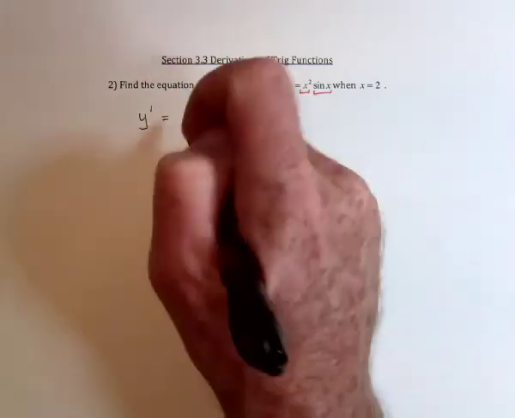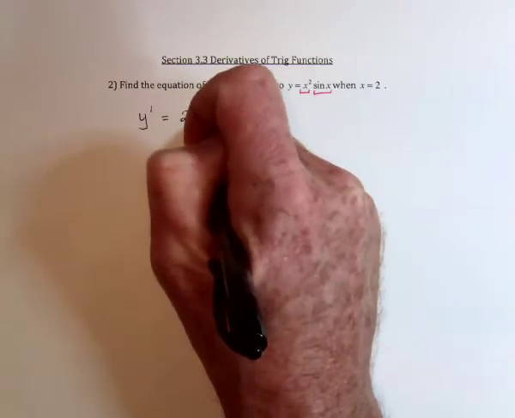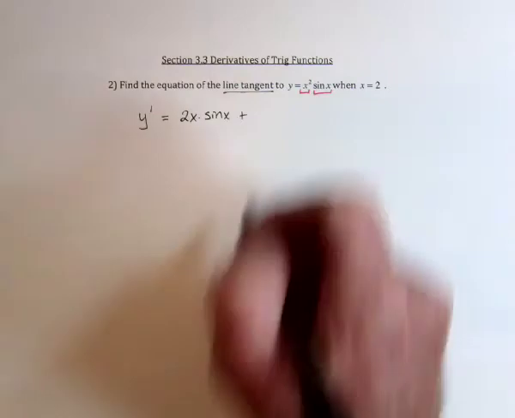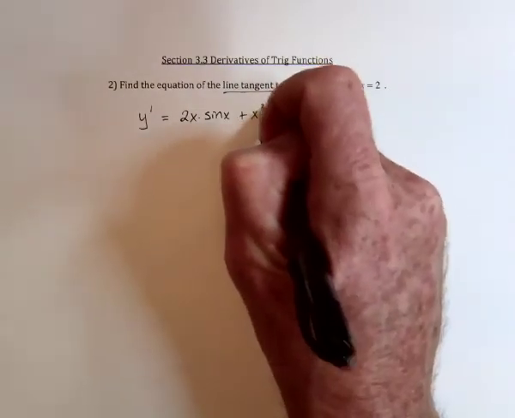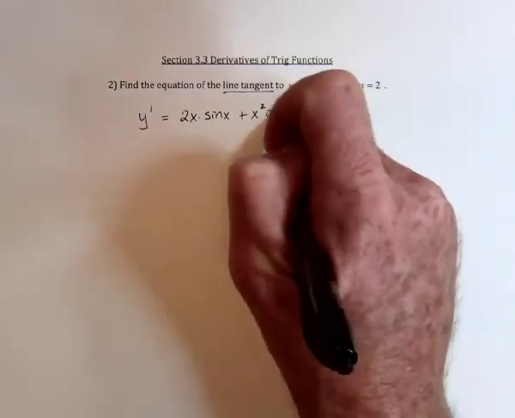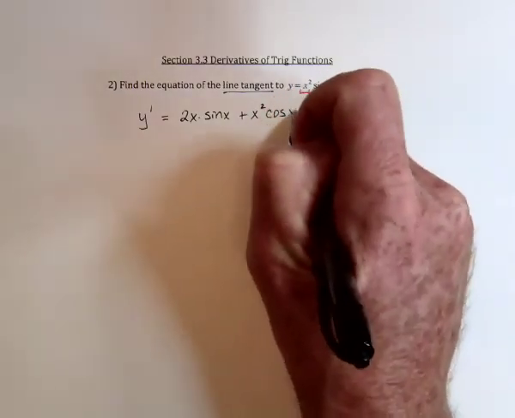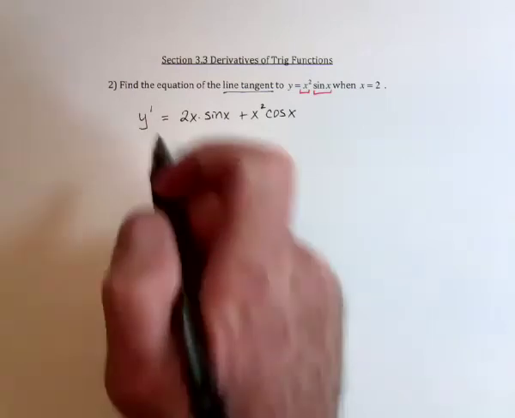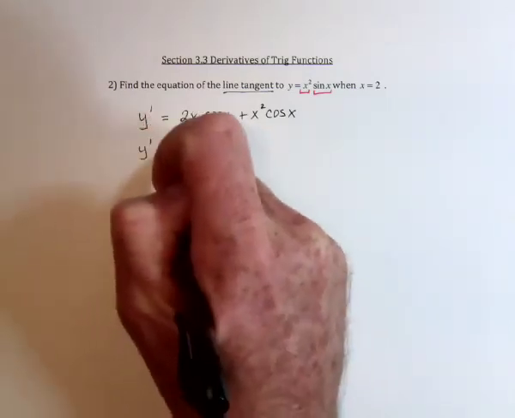Take the derivative of x squared as 2x, and then leave the sine function alone, plus leave the x squared function alone, and take the derivative of sine, which is cosine. And now to find the actual slope, we're going to need to substitute in the number 2.